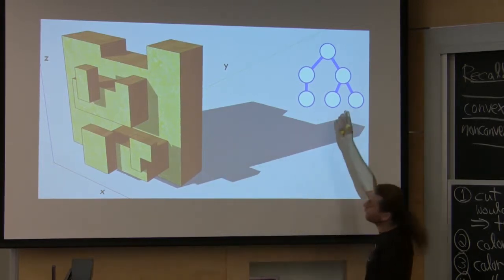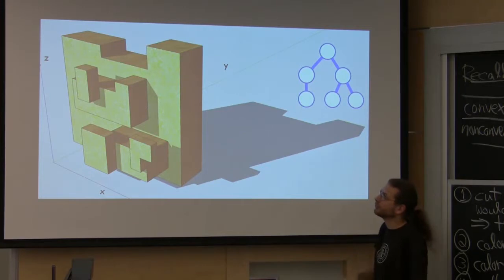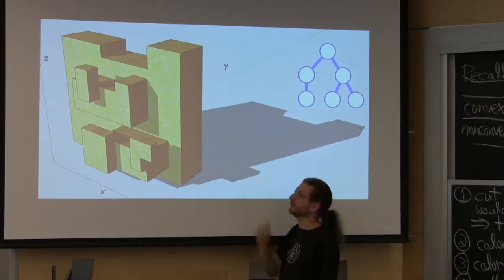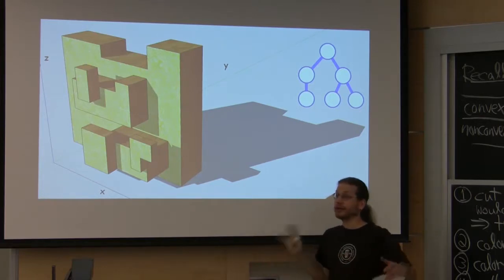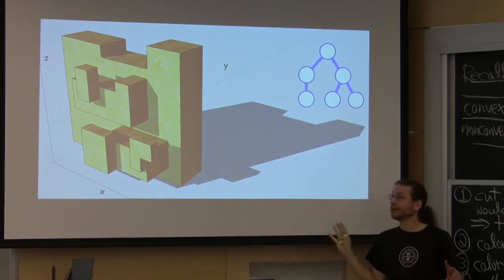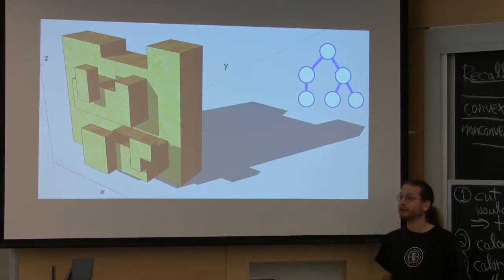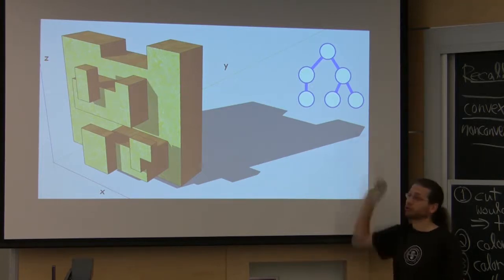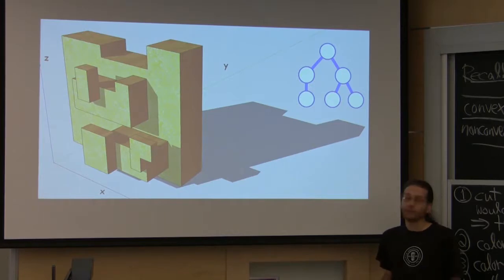I'm not going to try to represent that in this picture. There's just a bunch of children. There'll be some front children and some back children. You pick some root arbitrarily, and then you have children going off of there. Now, if your orthogonal polyhedron has genus 0, it's topologically a sphere, this will be a tree. If it's like a donut, it will have a cycle. So this theorem only applies for genus 0.